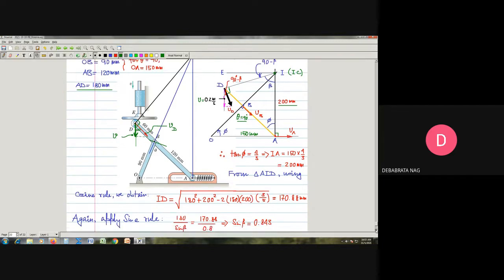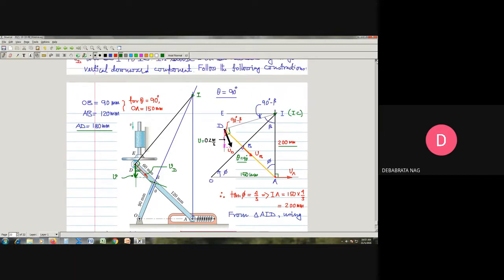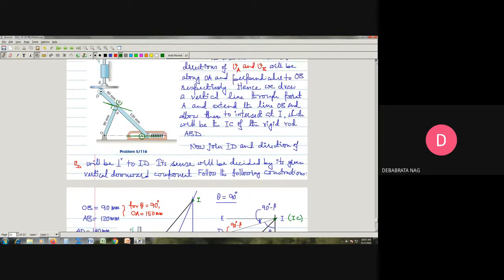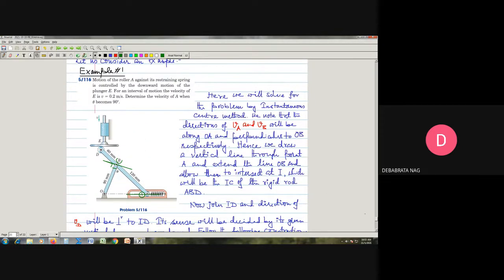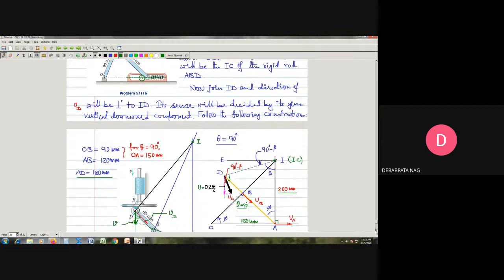So obviously from this I can find Vd. That will be 0.2 divided by sin beta, and the velocity of point D is completely known. That is 0.237 meter per second.